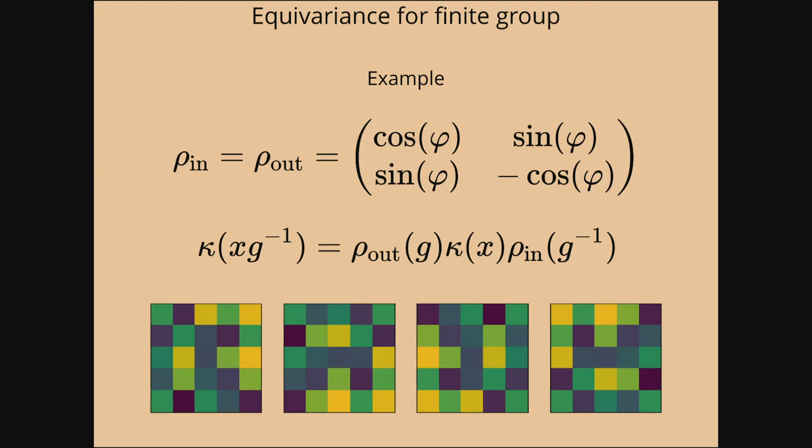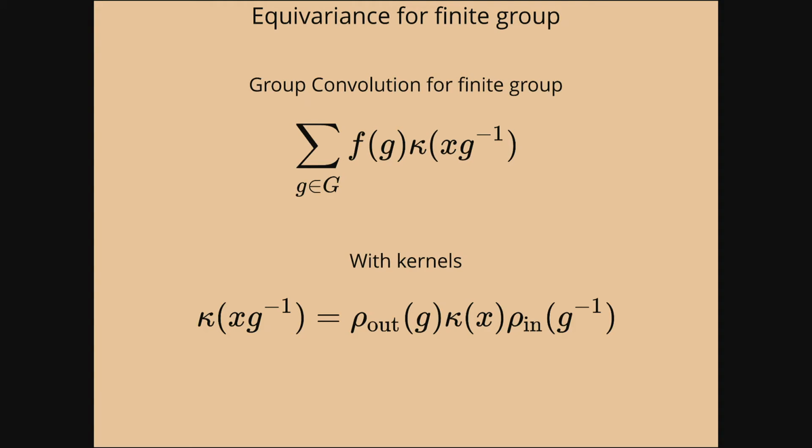I don't know, even in degrees I cannot do it, but you understand what I mean. And you will have your 4 kernels because you have 4 elements in your group, and the 4 kernels will be those ones, and you would simply apply the formula that we had before, so this one, in order to make your network equivariant to the C4 group.